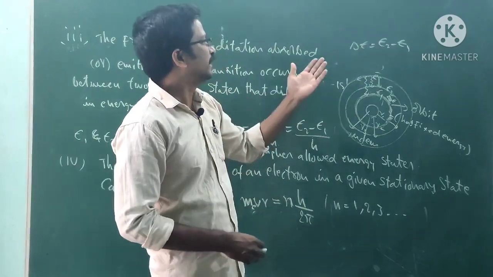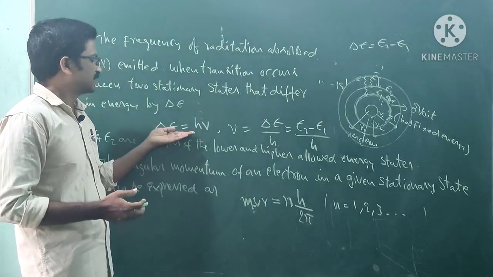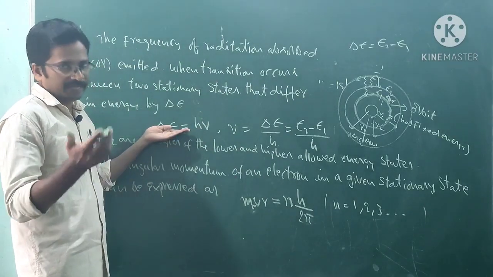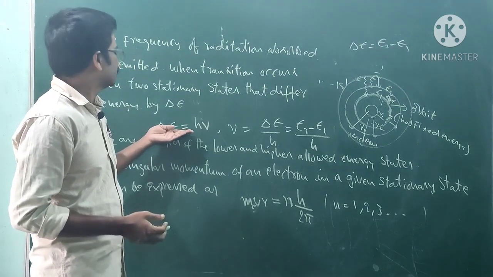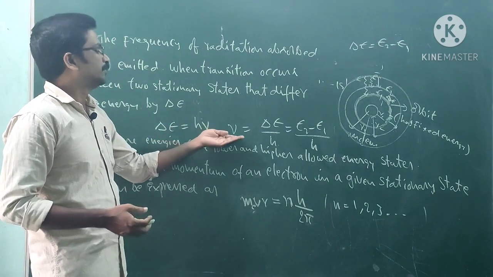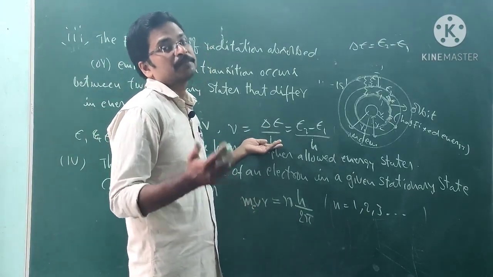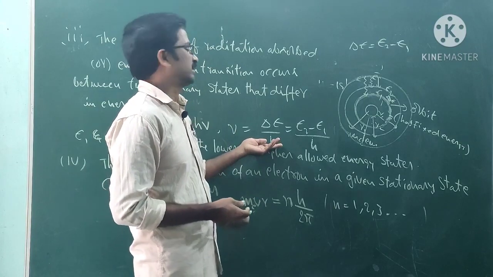E2 minus E1. We know the formula from Planck's quantum theory: del E is equal to h nu, so nu is equal to del E by h. h is a constant known as Planck's constant.